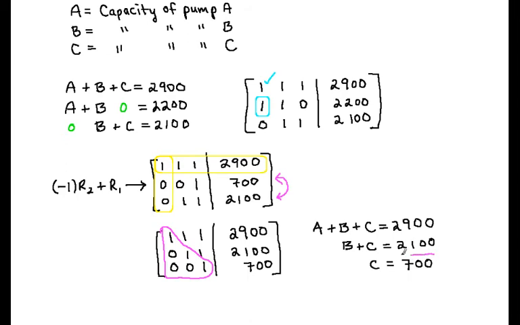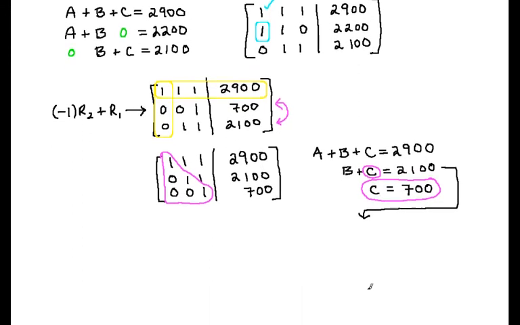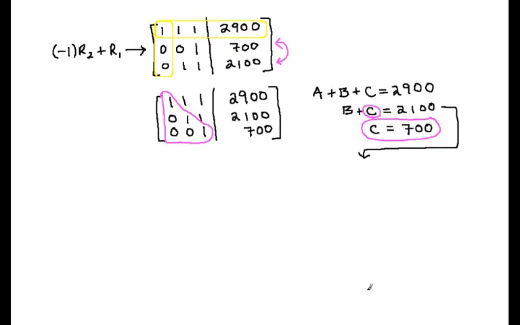So plugging in 700 for C in the equation above gets me, let's give ourselves a little space here, B plus 700 equals 2,100. And then subtracting 700 from both sides, we can see that B is equal to 1,400.